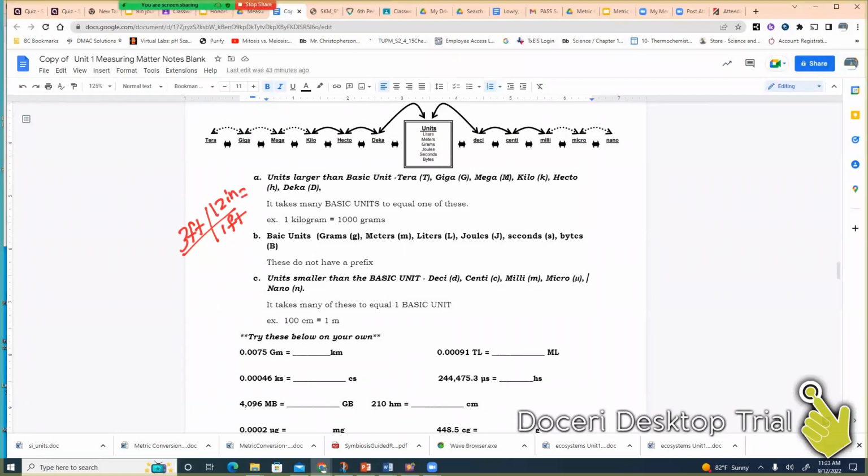That would give me 36 inches. So in the English system, not only does our unit change, but our number changes too. Whereas in the metric system, our number stays the same. We're just making it larger or smaller by moving the decimal. That's the idea behind why it's supposed to be easier to work with.